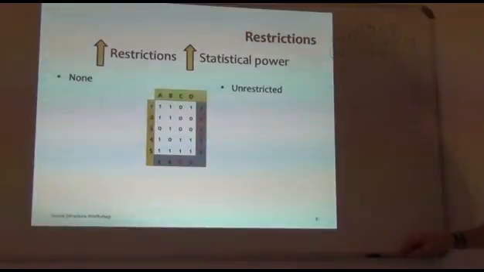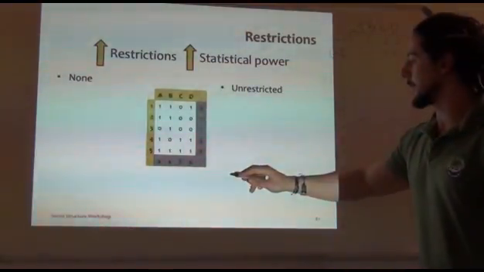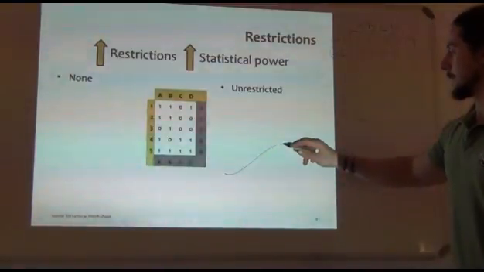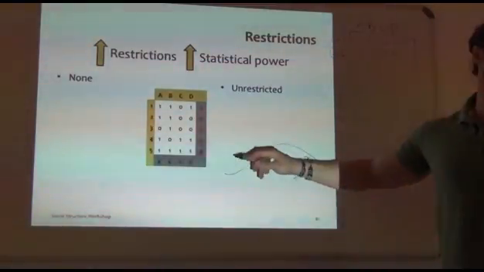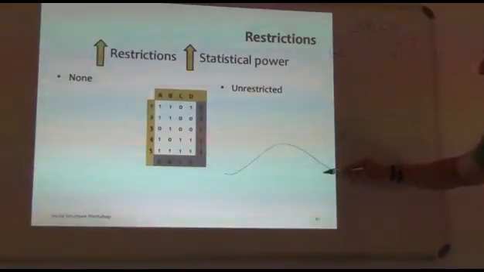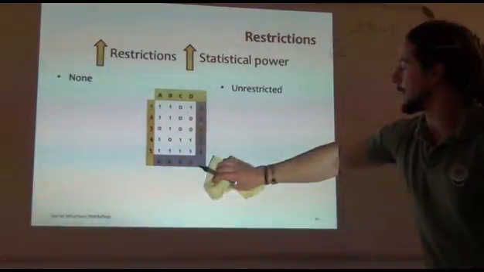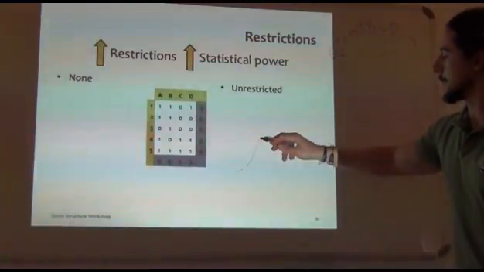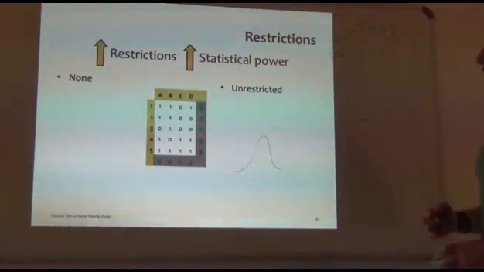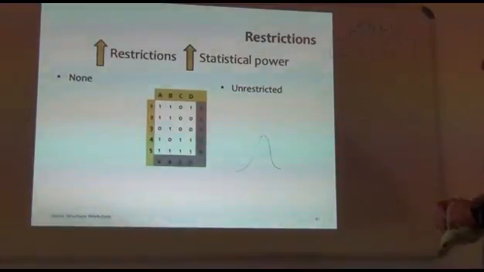It's going to be easier to spot the difference. Yes. So if you compare with complete randomness, you can have all sorts of values here, and you're going to have all types of variation there. If you have a restricted permutation, you're not going to have that much variation around it.